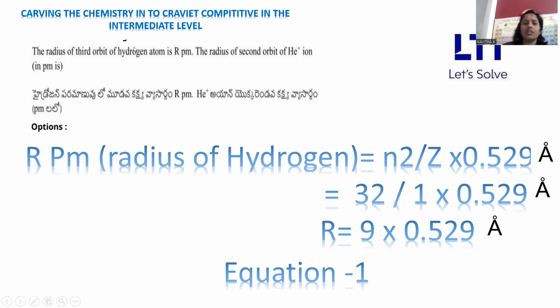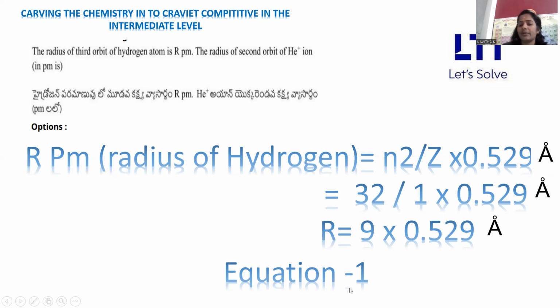For the third principal quantum number, we can say 3 squared. And the atomic number of hydrogen is taken as 1. 3 squared by 1 into 0.529 angstroms. 3 squared is 9, and divided by 1 is 9 itself, into 0.529.